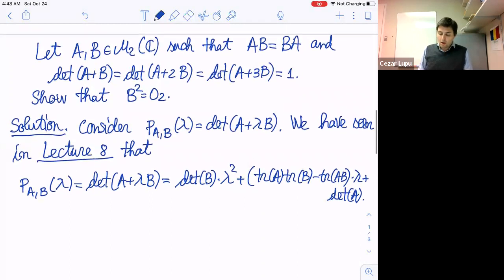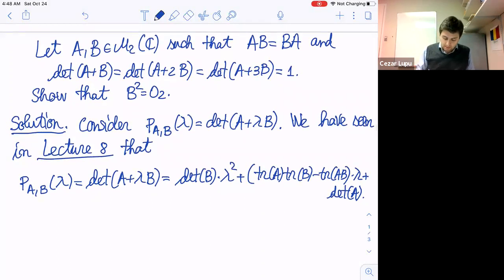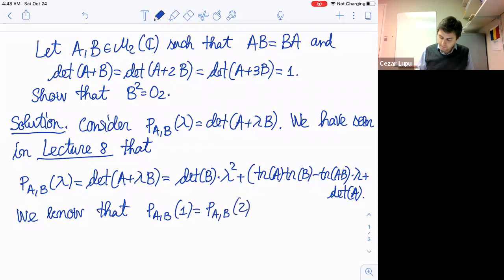All right, what do we know? We know from the hypothesis that PAB of 1 is the same as PAB of 2 is the same as PAB of 3, and moreover, they're 1.